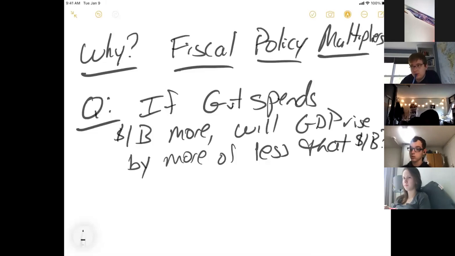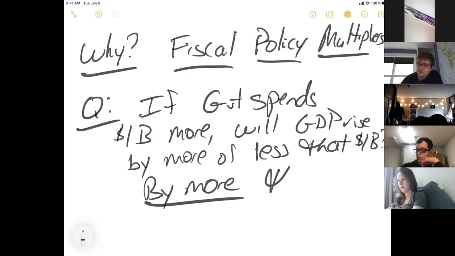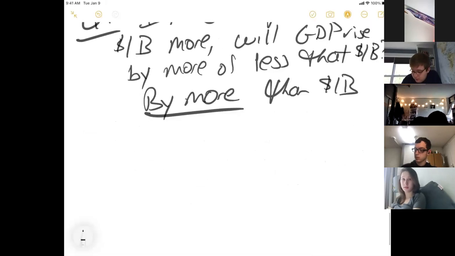I'm assuming since it's called a multiplier, more. Zach, yeah, good one. Way to pay attention. Yeah, exactly, by more. And that's why Keynes thought that government spending could be very powerful in increasing GDP during recessions. Let me explain why.